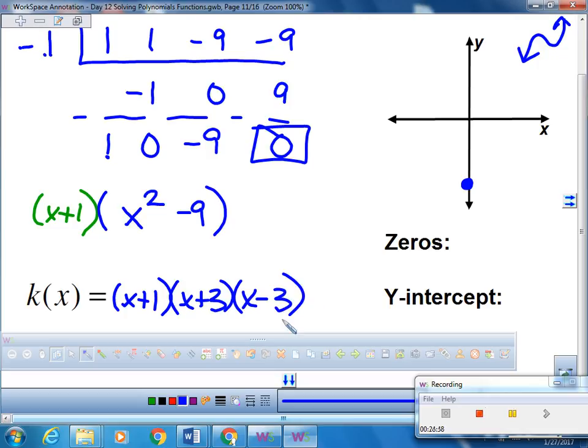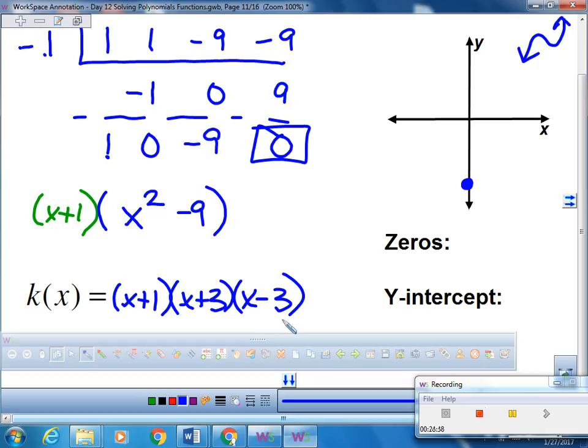Okay? You could have started with 3. You could have started with -3. You could have started from the back and worked your way this way, okay? It just so happens since we started with -1, we scored and had the difference of 2 squares, okay?